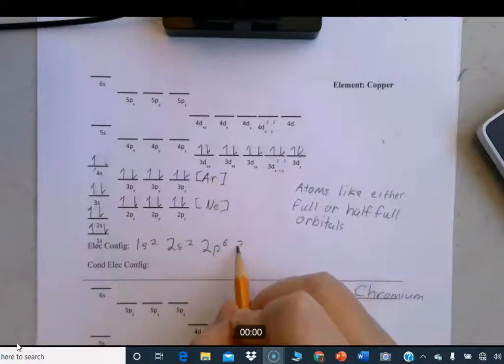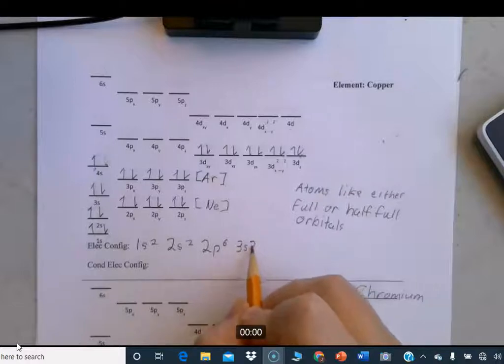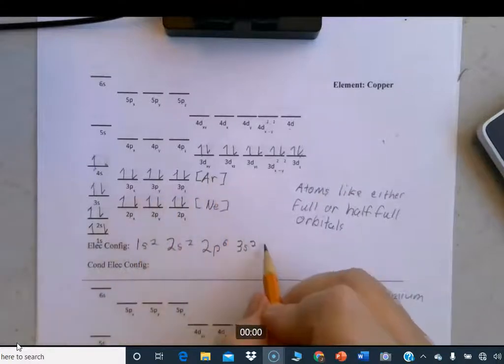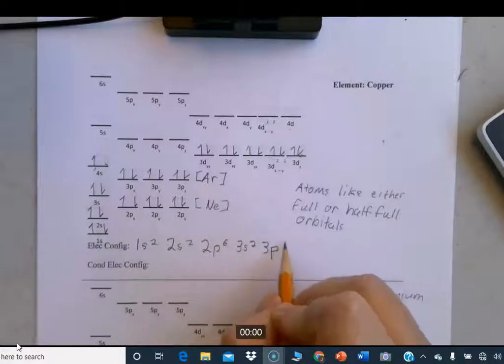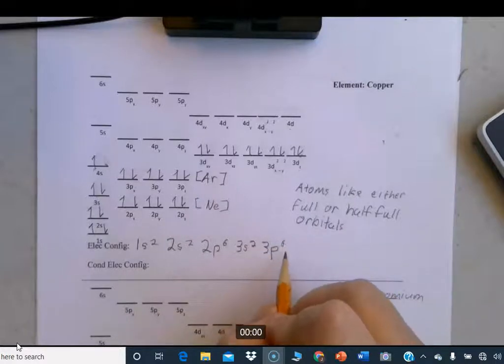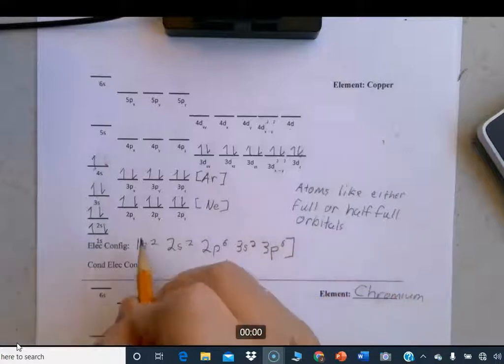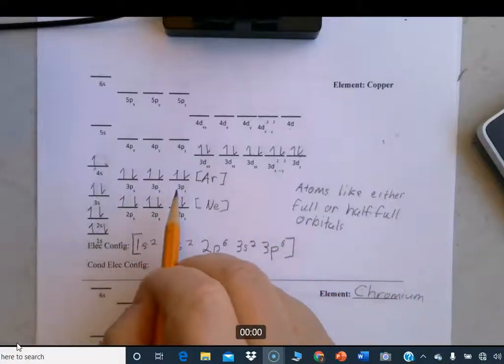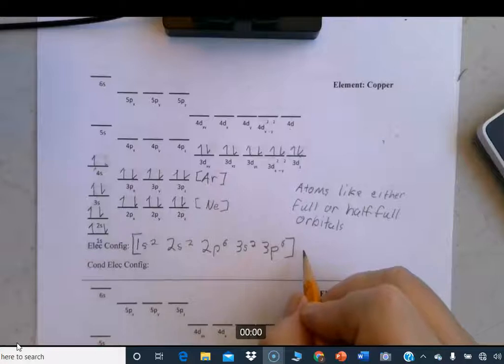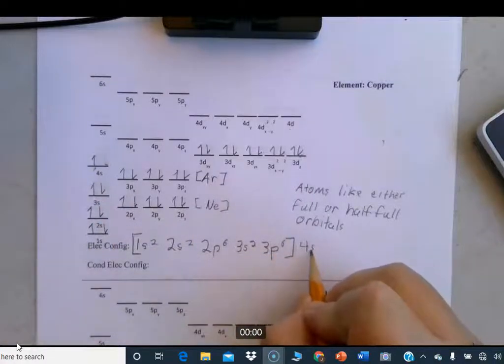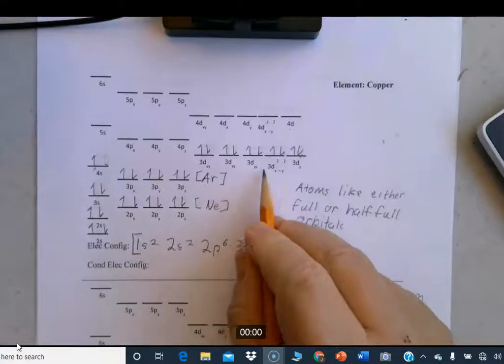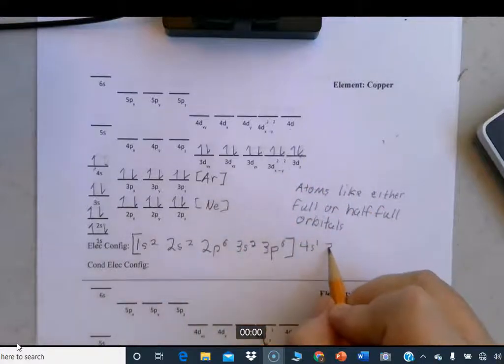Then it's 3s2. Then it is 3p6. And I can see that's the highest full p orbital I'm going to have. So I'm going to go ahead and block that off. And then I got 4s2, but we erased one, so now it's only 4s1. And it's 3d10.